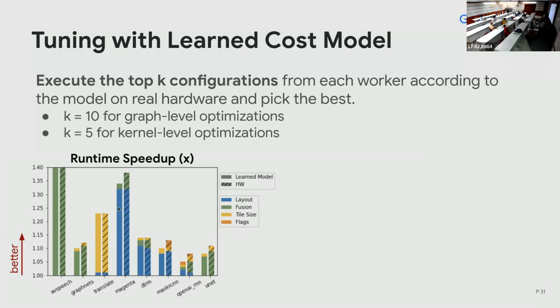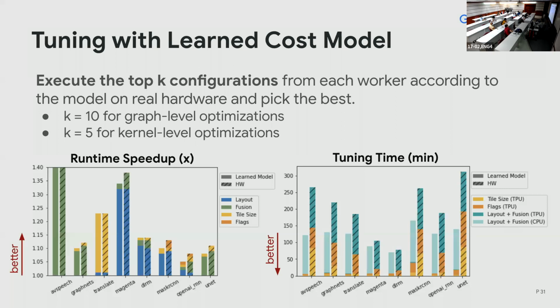The left bar is when we use the learned cost model, and the right bar is when we use the real hardware. In this experiment, we give a large timeout, so the one that uses hardware is basically the optimal that you could reach. We try to demonstrate that when you use the learned cost model and only execute the top K on the real hardware, you can find a configuration that's almost as good as the optimal.